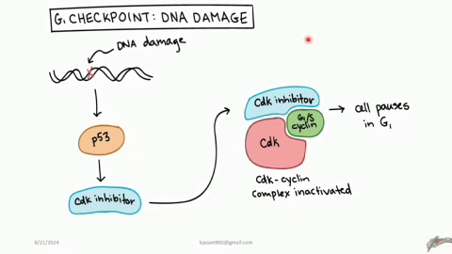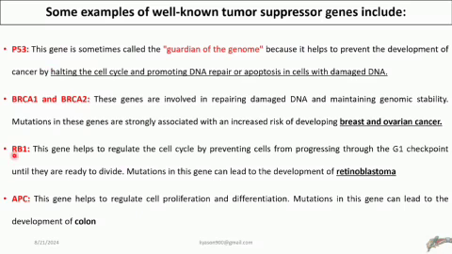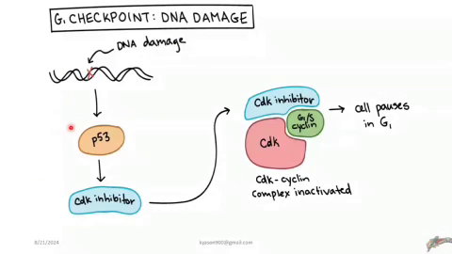If the particular gene responsible for coding for the p53 protein, or any of these tumor suppressor genes, is mutated, it will result in failure of production of that particular protein.